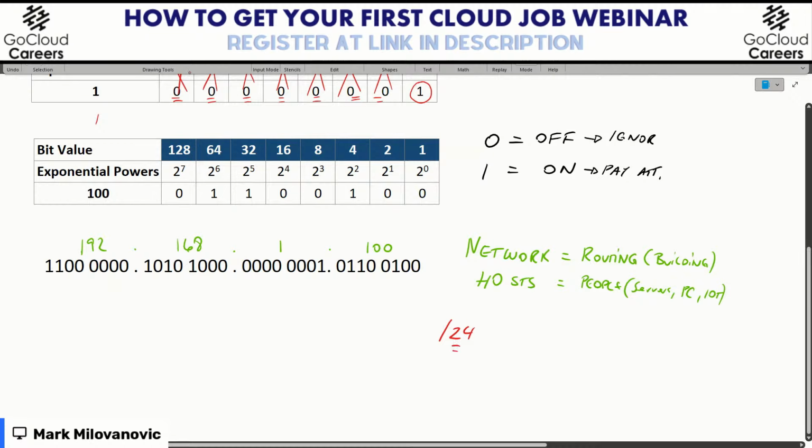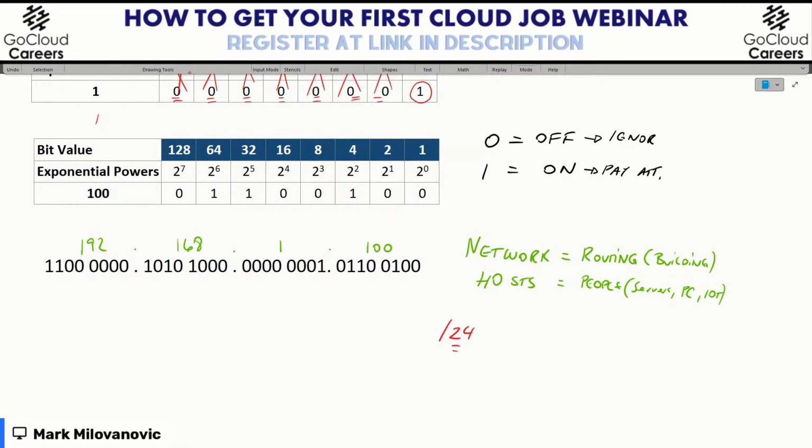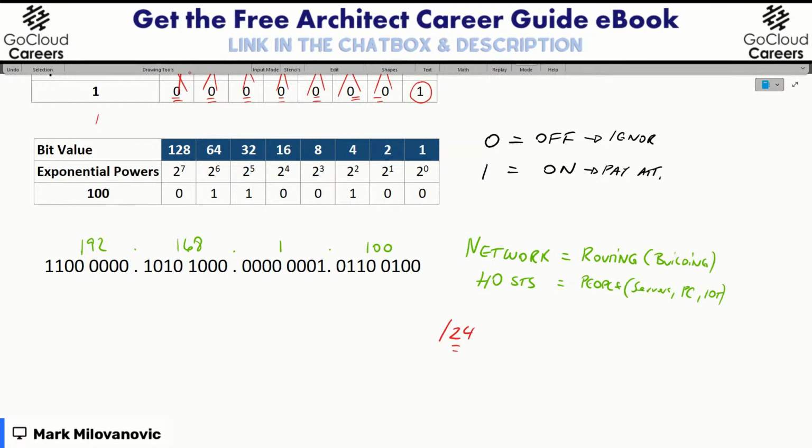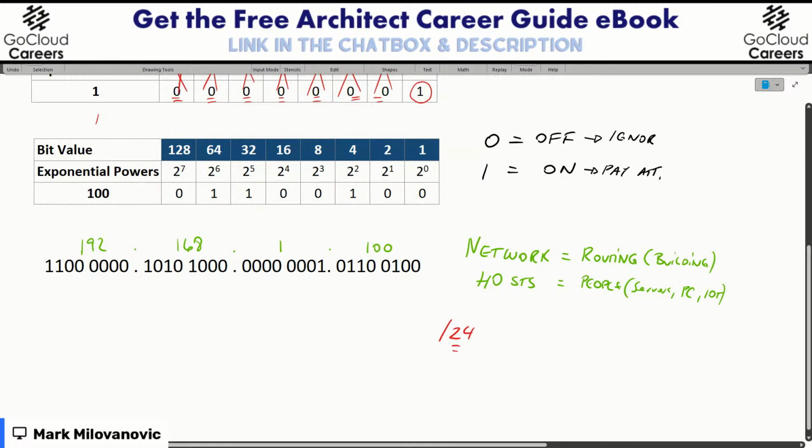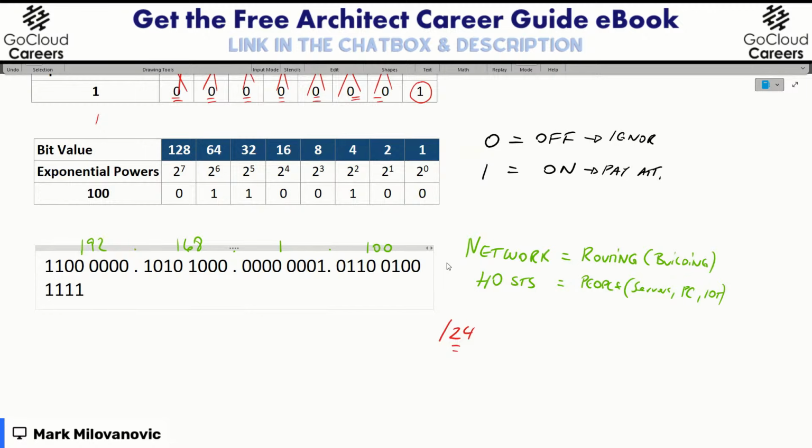So again, we need to do a check on what belongs to the network. So we're going to add ones, but we're going to add them from left to right. This is going to look something like this. We're going to add 24 ones. So it's 1, 2, 3, 4, 1, 2, 3, 4, which gives me 8.